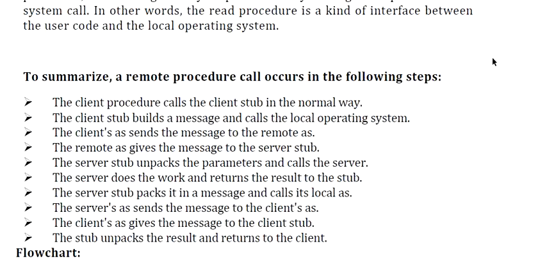The server stub unpacks the parameters and calls the server. Then the server does the work and returns the result to the stub. The server stub packs it in a message and calls its local OS. The server OS sends the message to the client OS. The client OS gives the message to the client stub. The stub unpacks the result and returns it to the client. So this is the process behind remote procedure call.